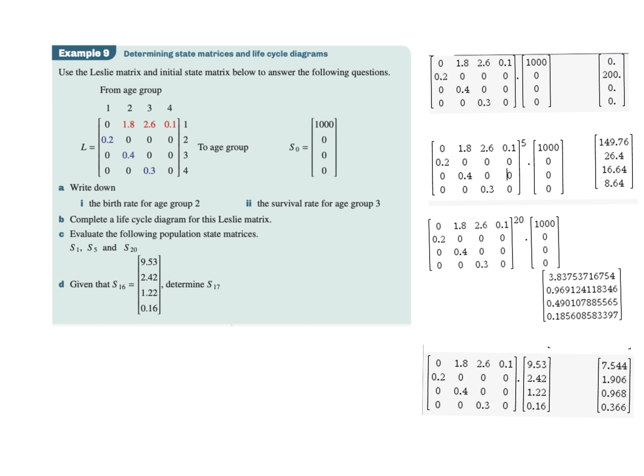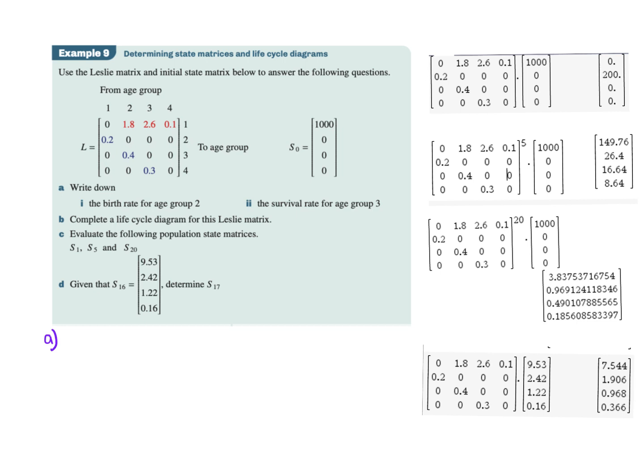Okay, so we've got example 9. It says using the Leslie matrix and initial state matrix below to answer the following questions. Question A is to write down the birth rate for age group 2. So they're seeing if you can interpret. Birth rates are up here in red.